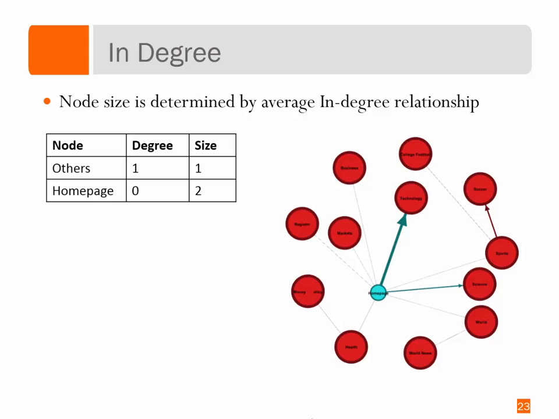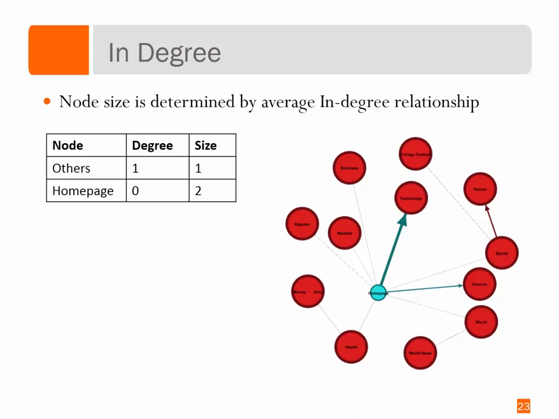So technology, college football, soccer, sports, science, world, each of these receives at least 1 in relationship, and so they're assigned the larger size. The home page does not receive an in relationship from any of these. It actually functions as the hub distributing interest to these nodes, so it doesn't really have anything flowing into it.